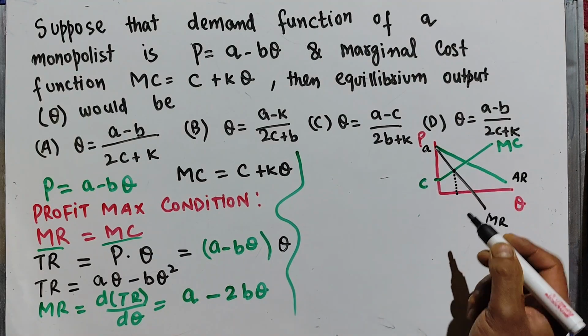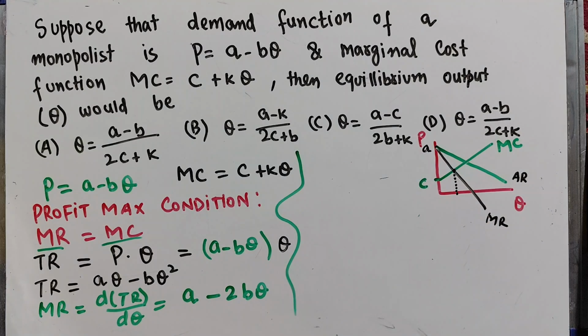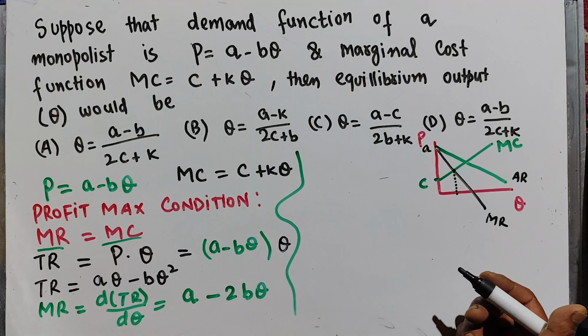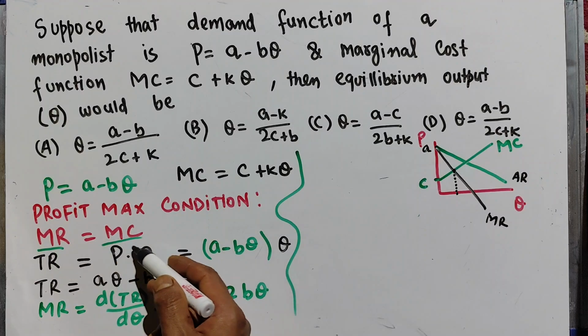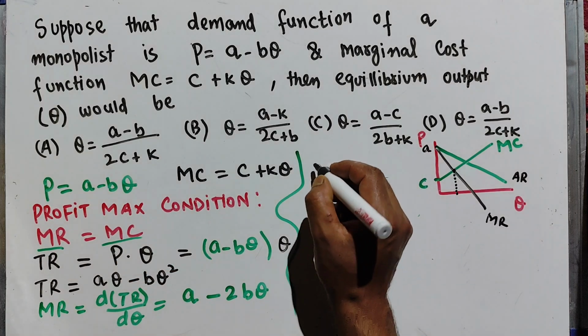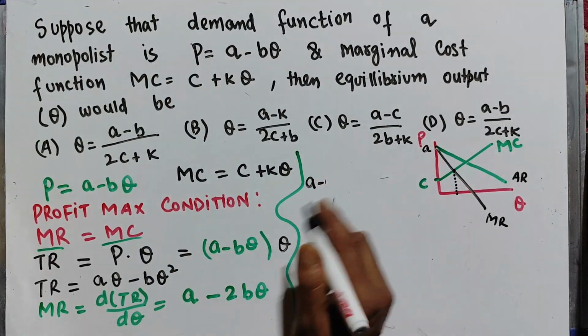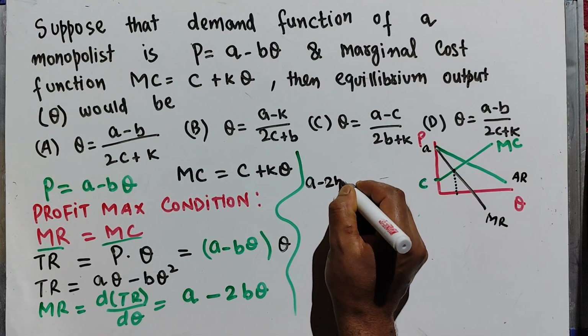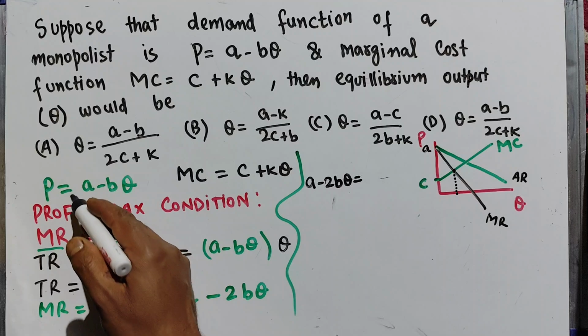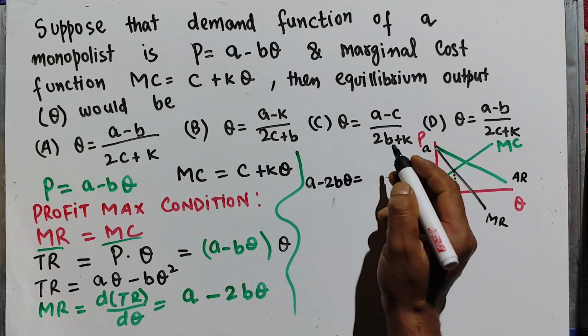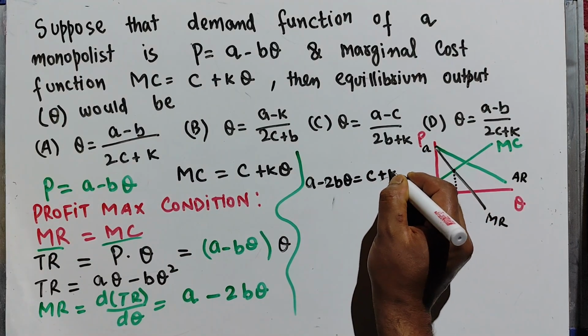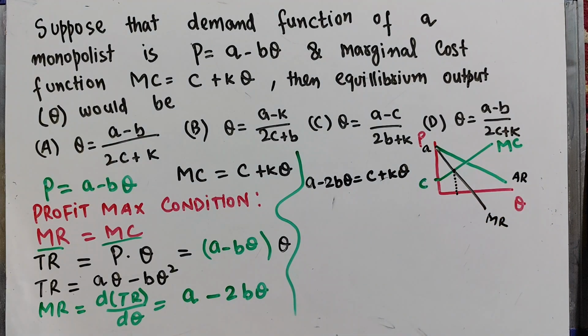We are supposed to find this very equilibrium level of output. So now, equating marginal revenue with marginal cost, marginal revenue is equal to A minus twice BQ, and we equate it with the marginal cost function, which is equal to C plus KQ. Now we need to solve this for Q.